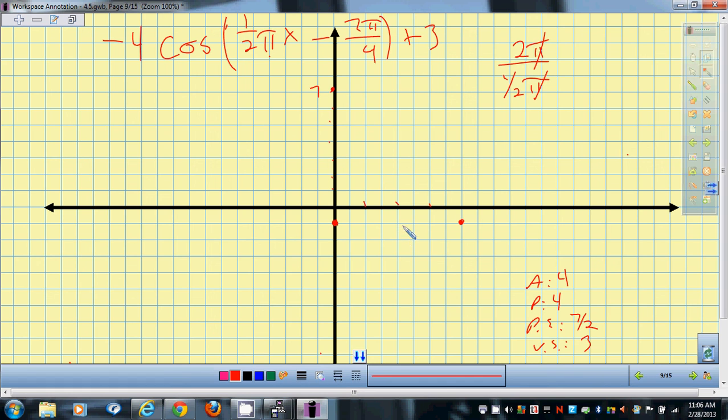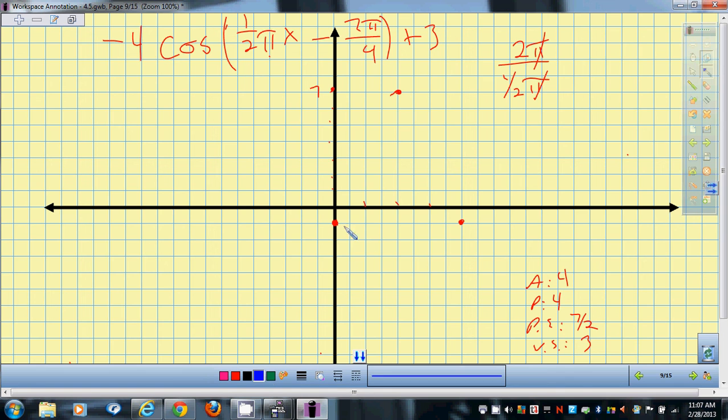So, I'm going to take each point and move them manually. 1, 2, 3.5. Take this one. 1, 2, and a half. And this one. 1, 2, 3.5. And we're no worse for wear. Connect your dots, and you're done.